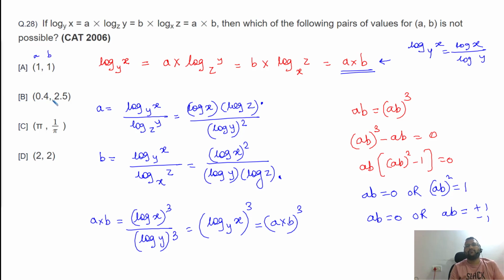Option B, 0.4 into 2.5, that is equal to 1 again. So option B also satisfies. Option C, pi into 1 divided by pi is equal to 1. So option C also satisfies. Option D does not satisfy. So option D is our answer over here.